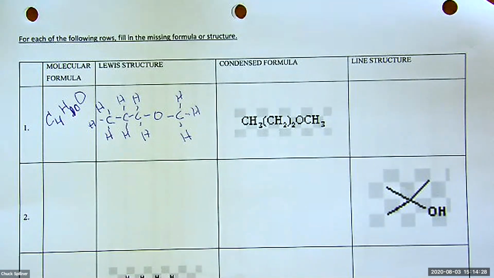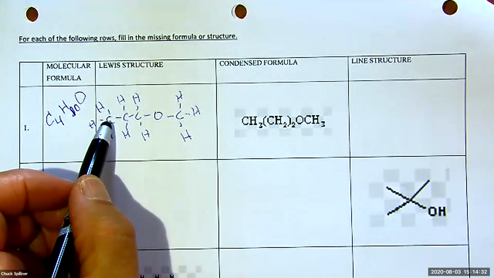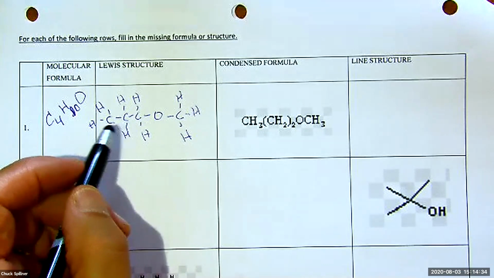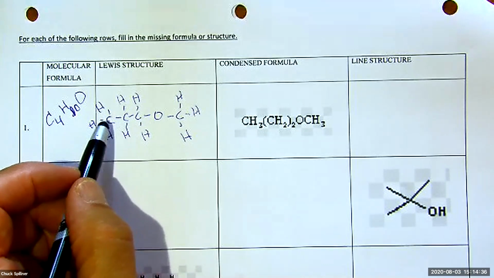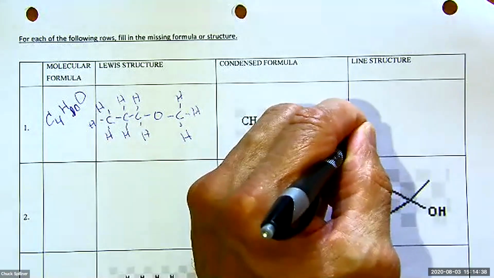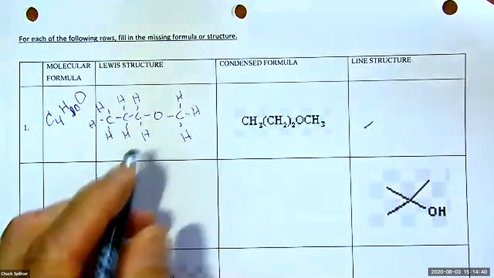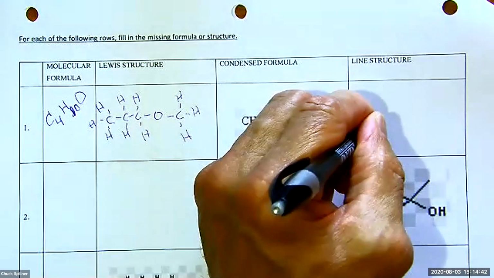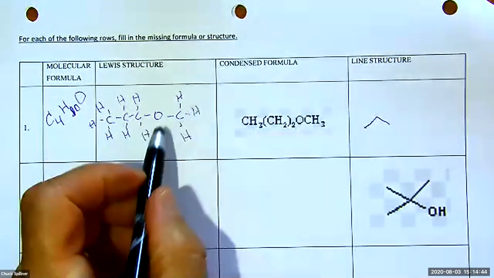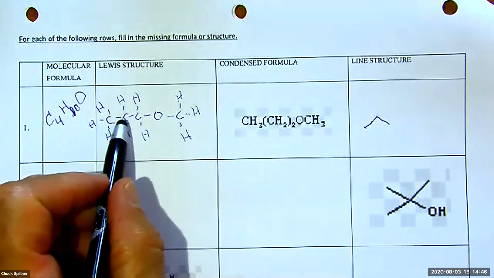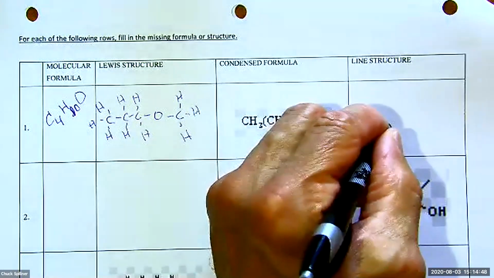And then next, I want the line structure. So remember the line structure, you start at one end and you draw a zigzag for each, let's see, the terminus, CH3 would just be a dot here. That's like the end of the line. And then we're going to draw a zigzag for the CH3, CH2, and then CH2.